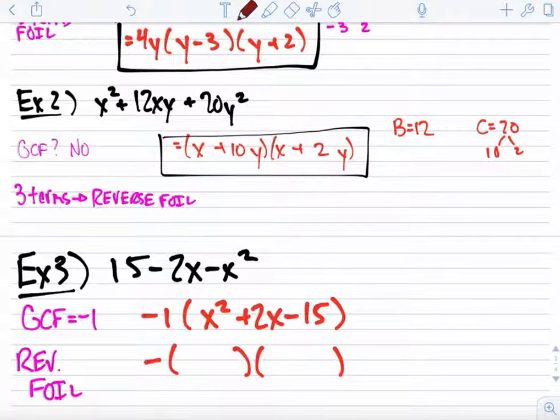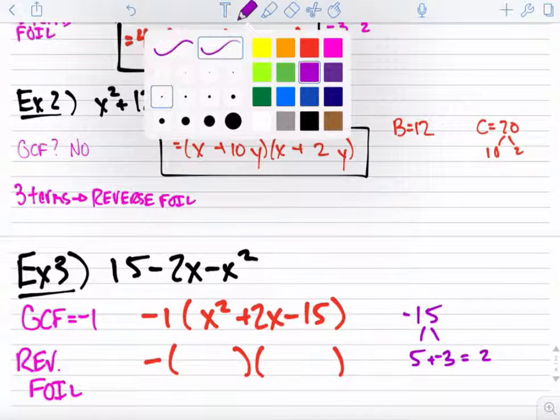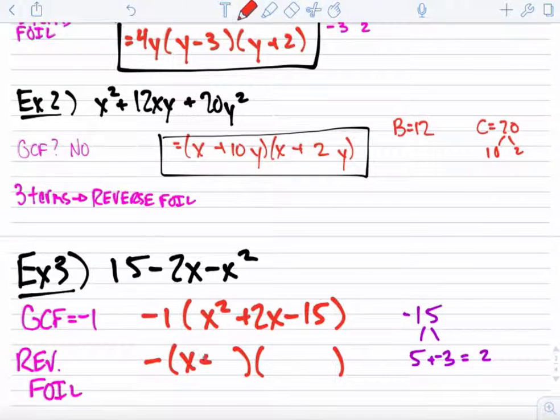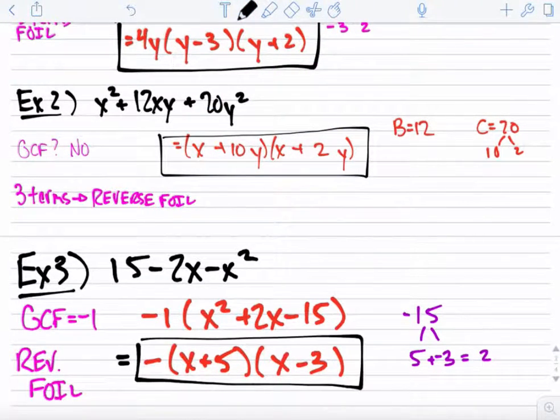So I want factors of negative 15 that add to positive 2. I can just plug those in: x plus 5, x minus 3. And that equals my original expression.